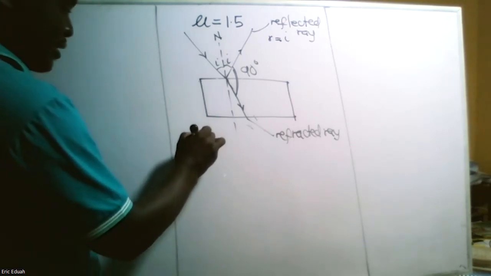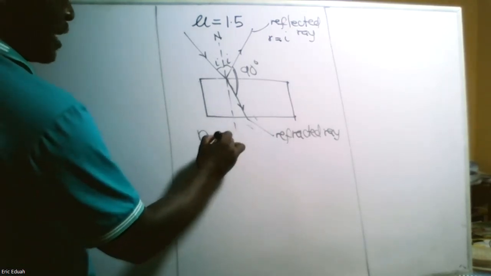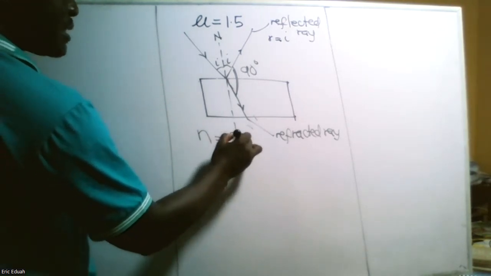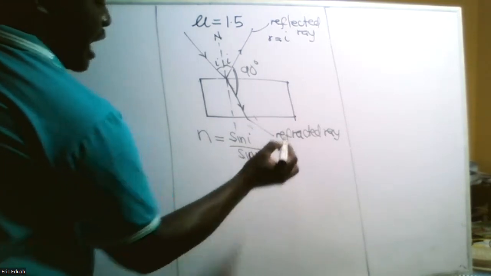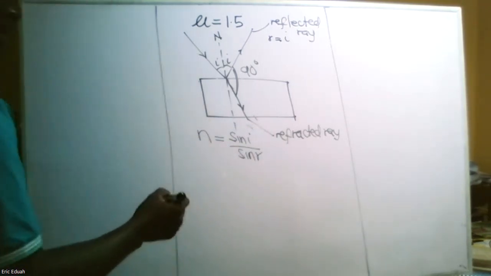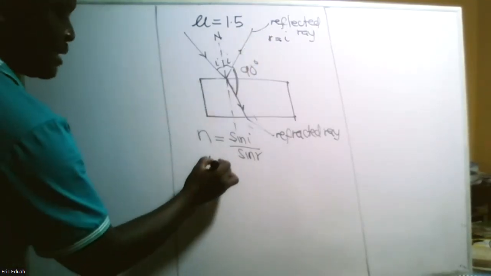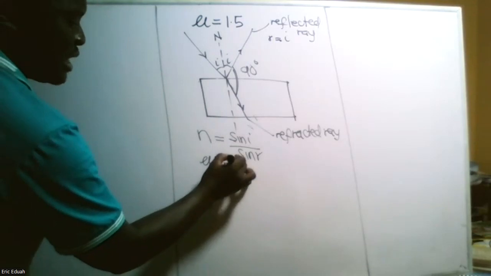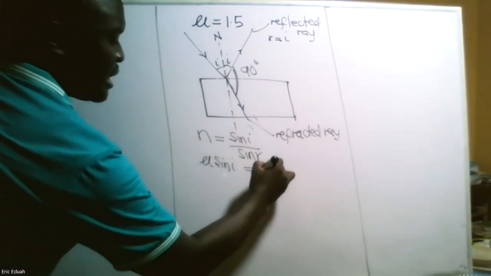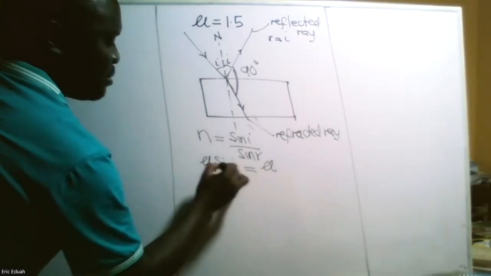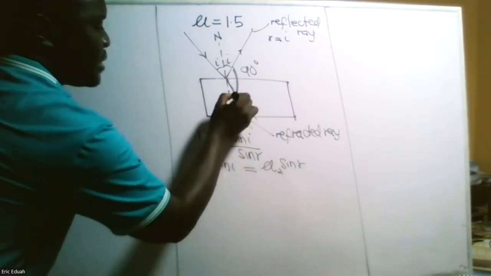But we know that absolute refractive index of a material is given by Snell's law: sine I over sine R. It is also the same as the refractive index of the first medium times the sine of the angle of incidence in it is equal to the refractive index of the second medium times the sine of the angle of refraction in it, which is this.